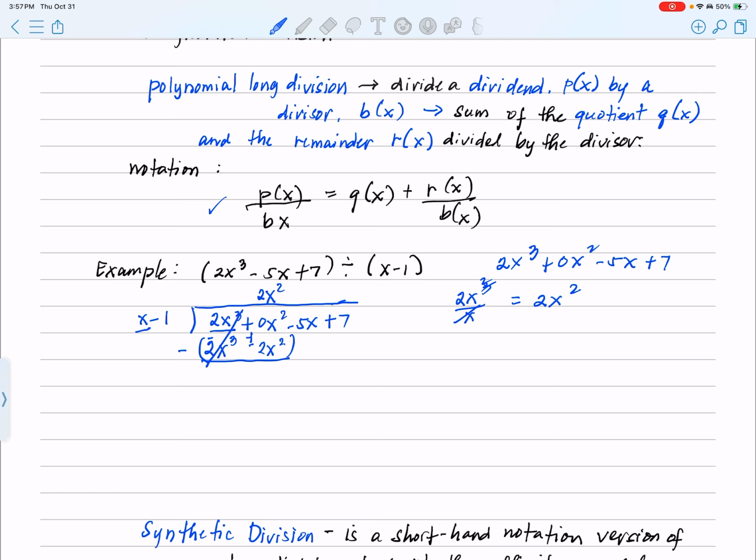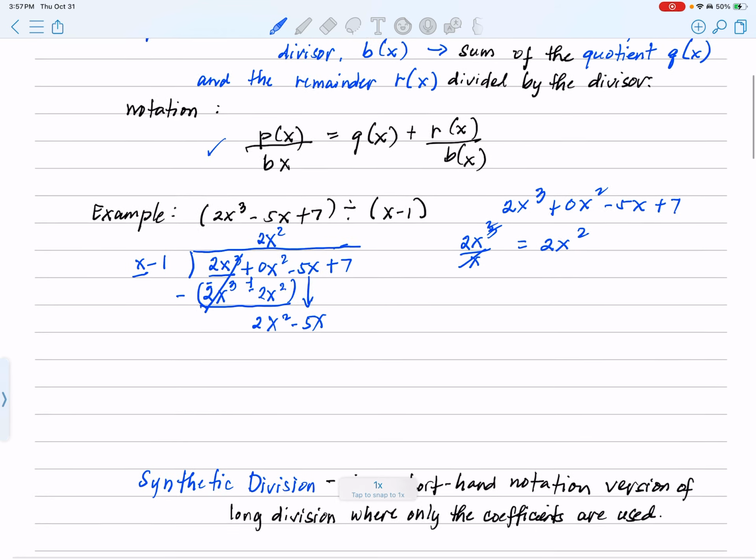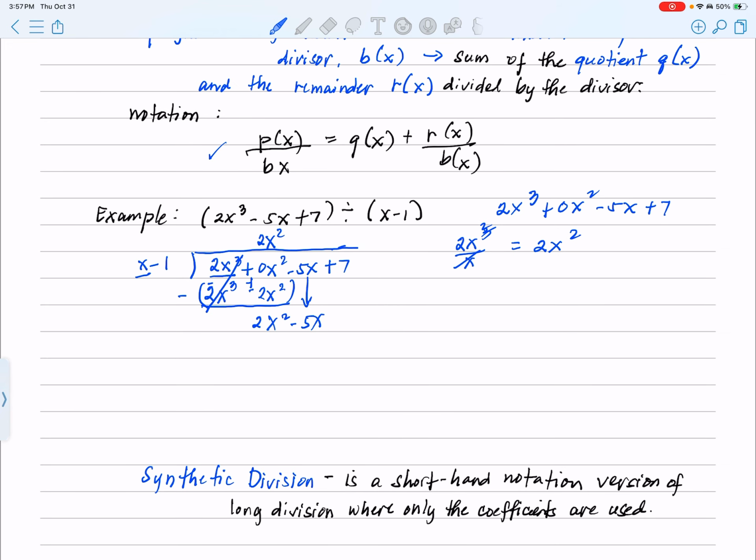Then 0 plus 2 would be positive, because we changed the sign. So plus 2x squared. Then bring down the next part of the dividend, which is negative 5x. I have to make this bigger. Then do the process again.